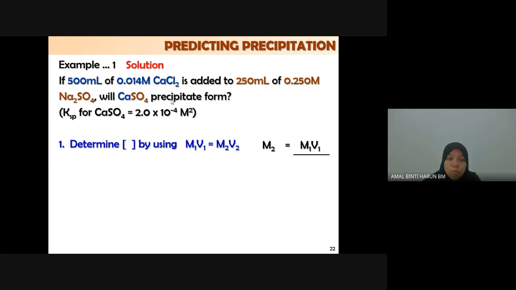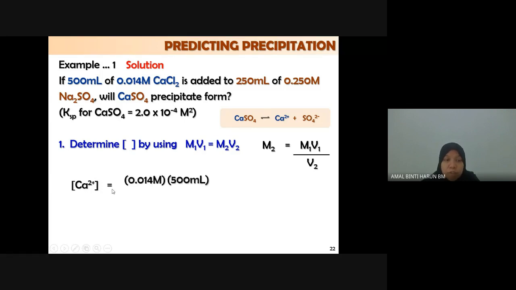Kita gunakan M1V1 equal to M2V2 where the concentration, what is the concentration of calcium ion, what is the concentration of the sulfate ion. Okay, so initially kita tak boleh ambil initial concentration of calcium and sulfate ion because when these two solutions mix together, our volume is increased.